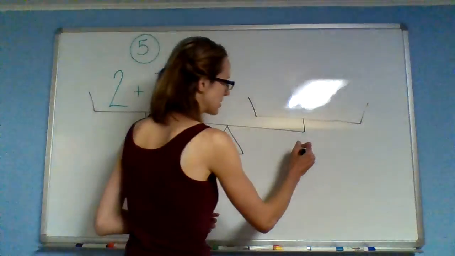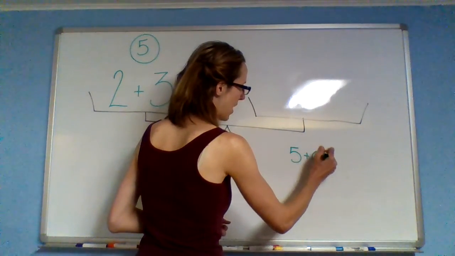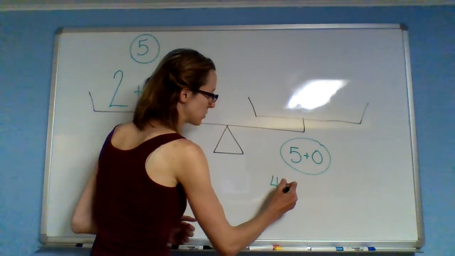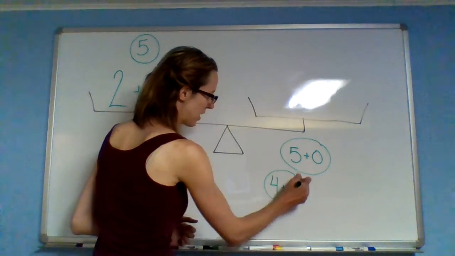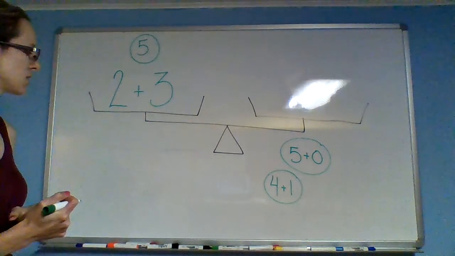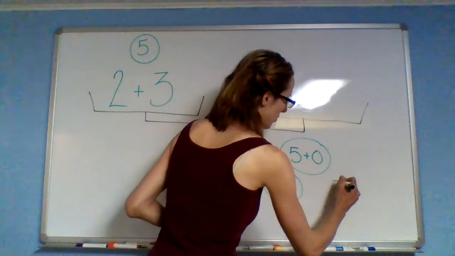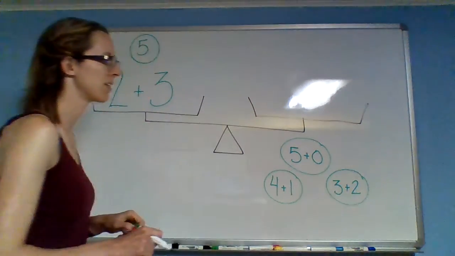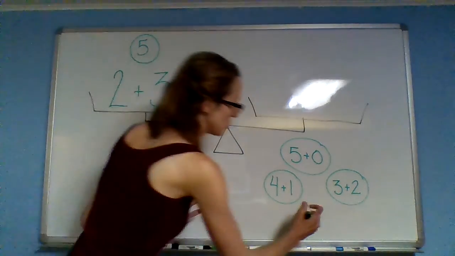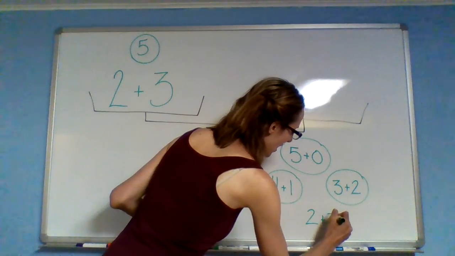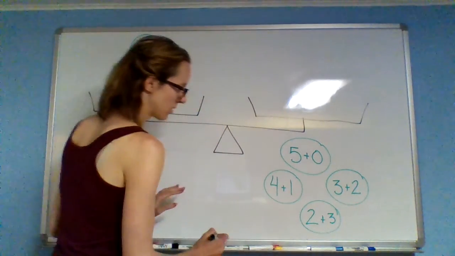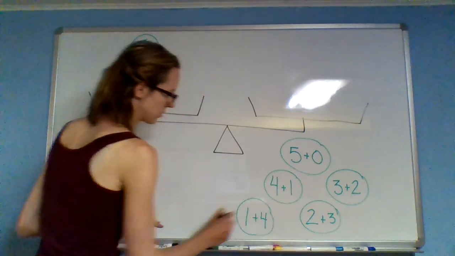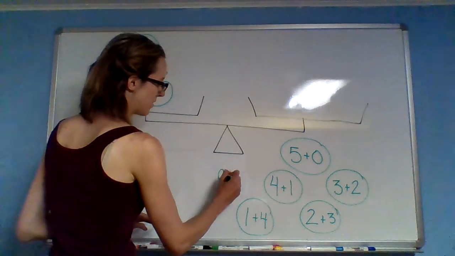Well, 5 plus 0 would be 5, so that's an option. 4 plus 1 would be 5, so that's an option. 3 plus 2 would be 5, that's an option. 2 plus 3, the same problem that we have. 1 plus 4, 0 plus 5.